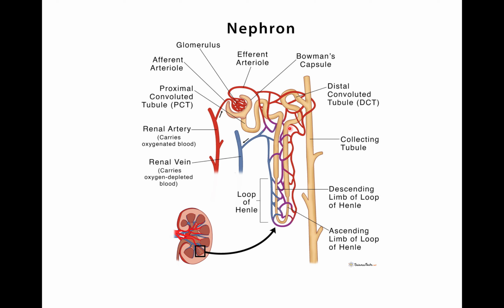Then this is the distal convoluted tubule, that is DCT, and this is a collecting tubule or collecting duct. Now I'll explain each part in detail. So first I'm going to explain the renal corpuscle or the Malpighian corpuscle.